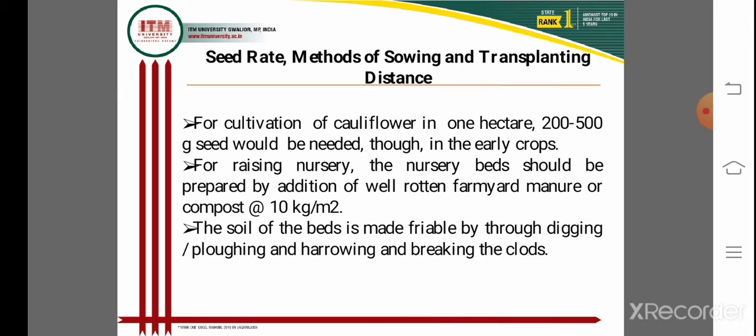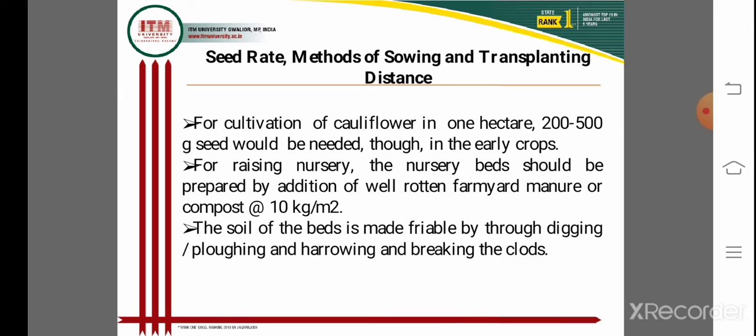That is the seed rate of the cauliflower. For raising the nursery, the nursery bed should be prepared by addition of well rotted farmyard manure at a quantity of 10 kg per square meter. It is used for bed preparation and seed sowing in the nursery bed.